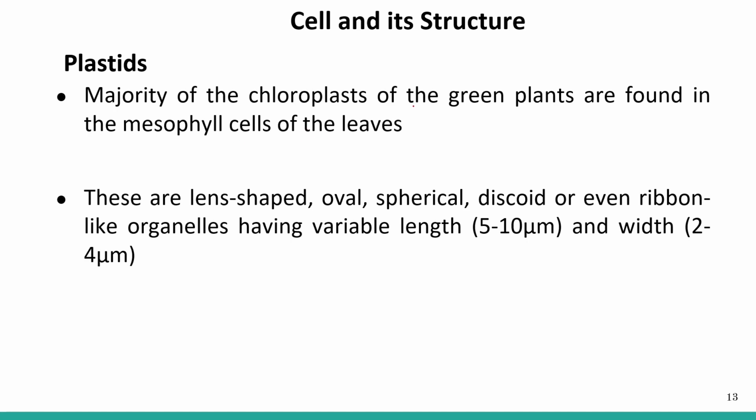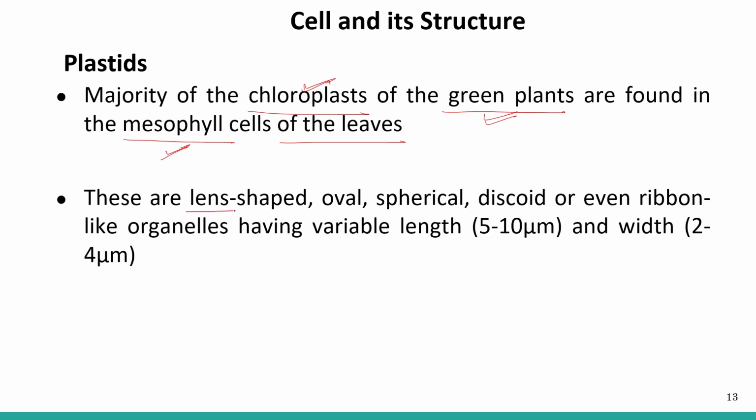The majority of the chloroplasts are found in green plants, in the mesophyll cells of the leaf. So we are talking about the chloroplast. The majority of the chloroplasts are present in the green parts of the plants, and in the mesophyll cells of the leaves they are present in abundance.